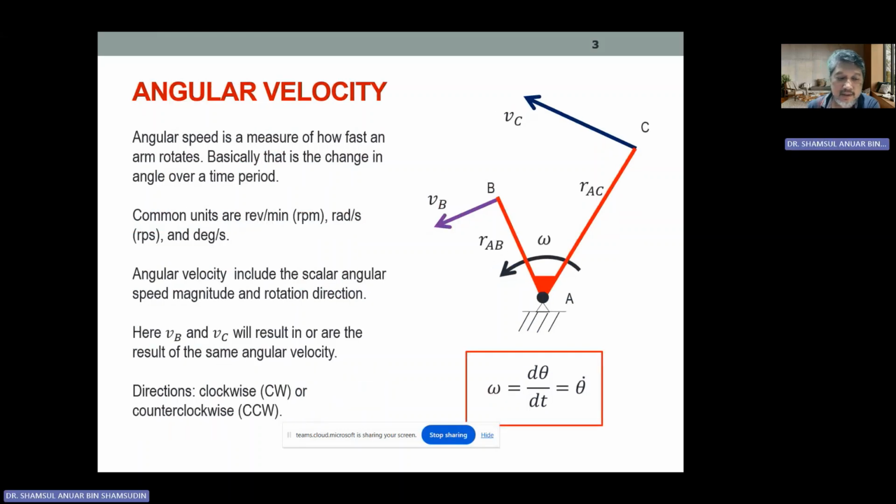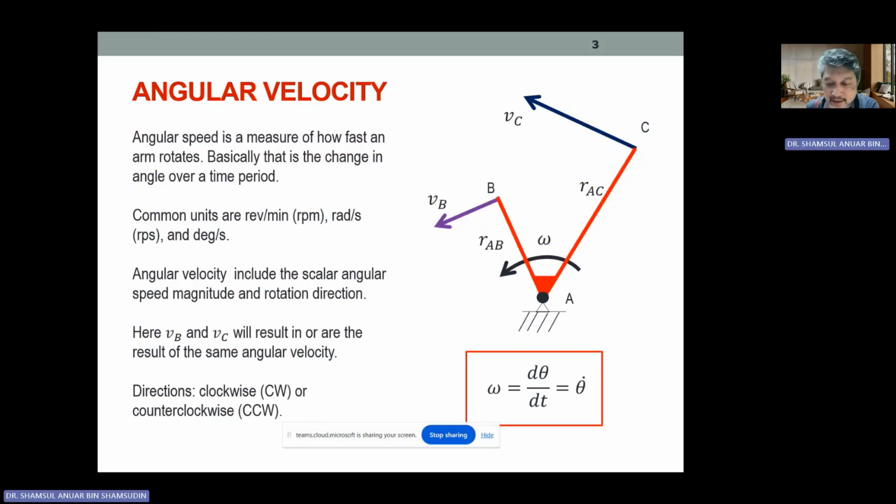Whereas for the angular velocity, we usually measure it in revolution per minute, or RPM, or RPS, radian per second, in some situations degrees per second. Again, the direction of rotation is positive in the counterclockwise direction, whereas rotating in the clockwise direction is considered negative rotation.